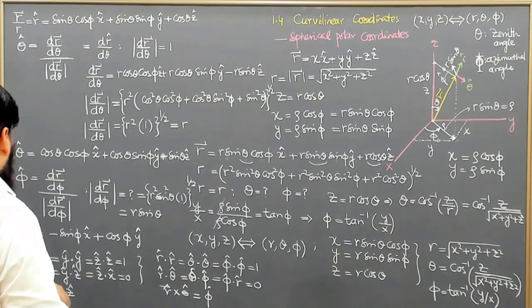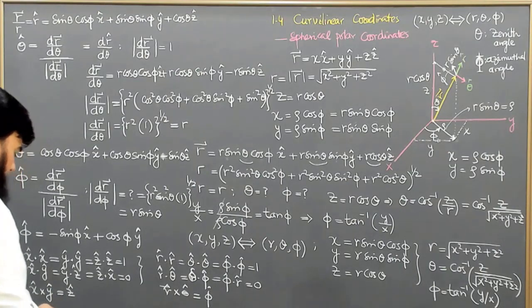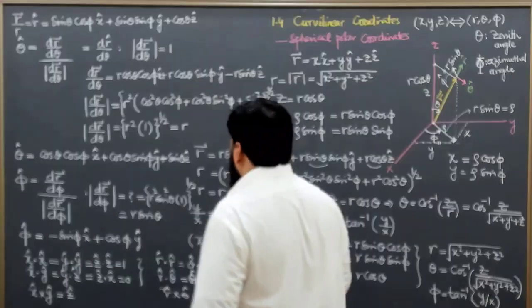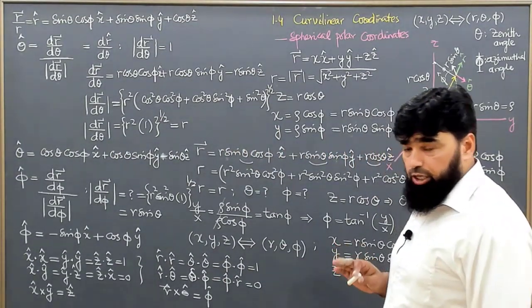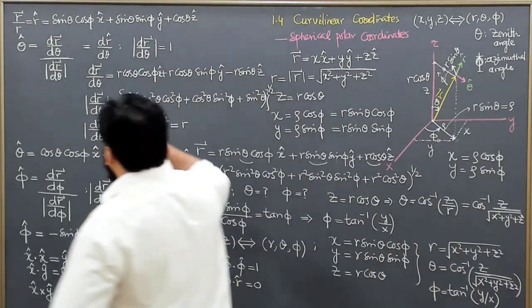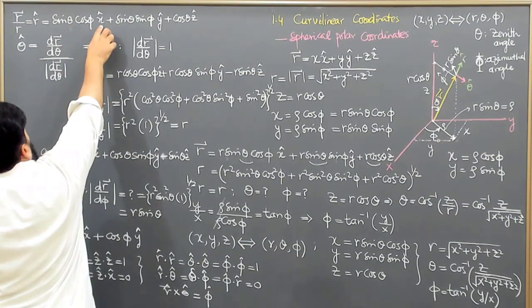I can give you this as an assignment, but I can discuss them. Let's say, for example, I'm just taking r unit vector dot r unit vector. This component squared, because x unit vector with x unit vector will make 1.